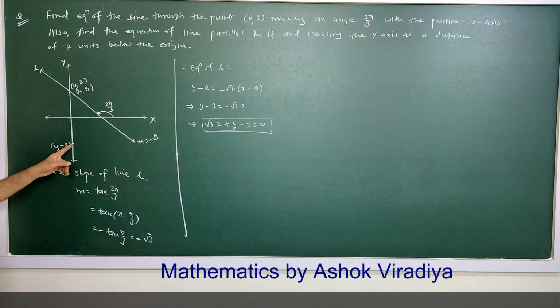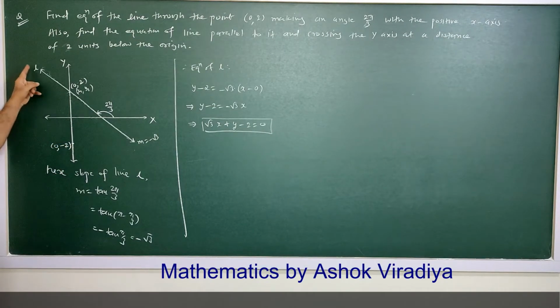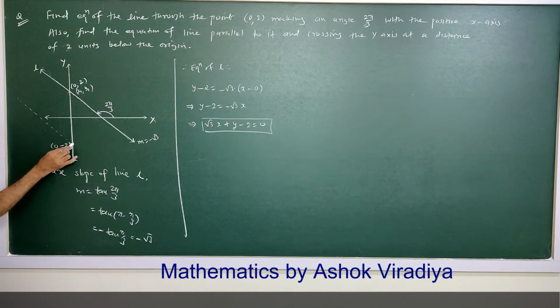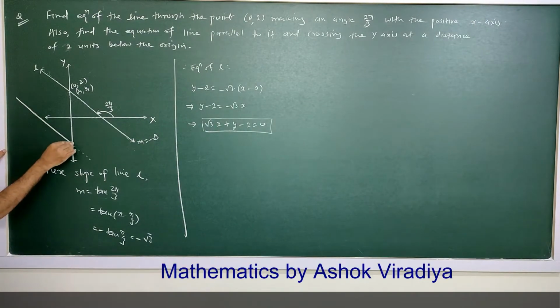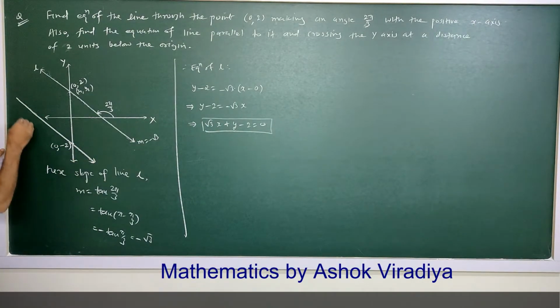So we want a line from (0, minus 2) which is parallel to L. If we take a line parallel to L passing through this (0, minus 2), then it will be something like this. Let me say this line is M.